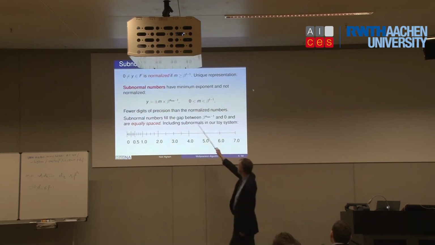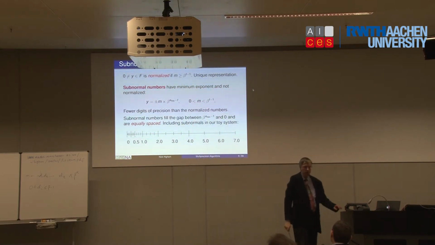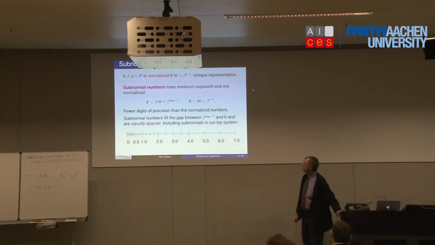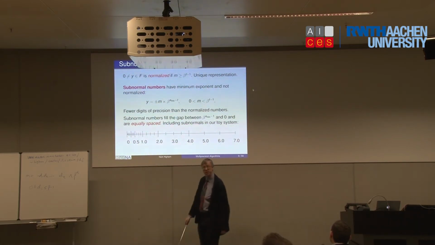So you have the minimum exponent E min, and you have an M that's strictly less than beta to the t minus 1. So what's happening here is that we're just filling in this gap between 0 and the smallest normalized number with a set of equally spaced numbers.